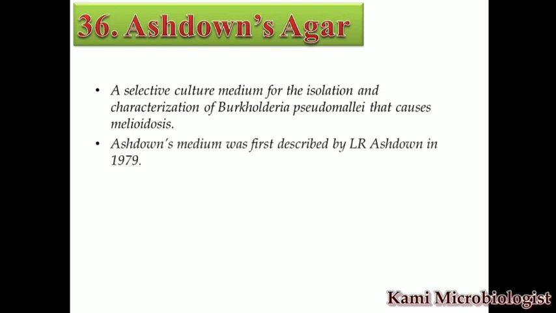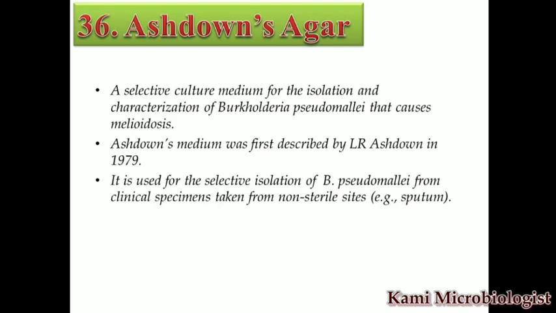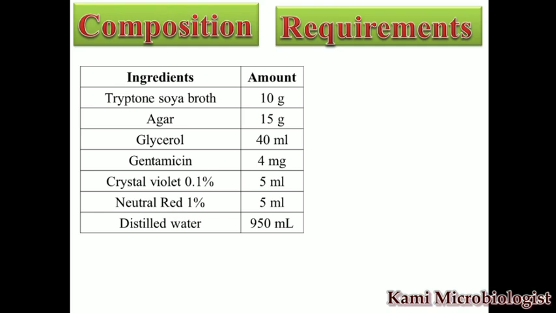This type of media was first discovered by a scientist named L.R. Ashdown in 1979. That's why the name is Ashdown's Agar. Remember, this type of media is specially used for the isolation of Burkholderia from specimens taken from non-sterile sites like sputum.